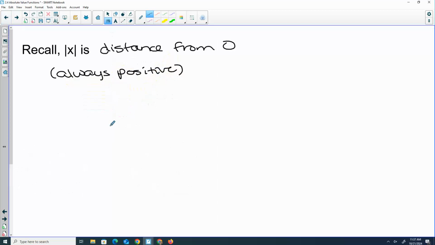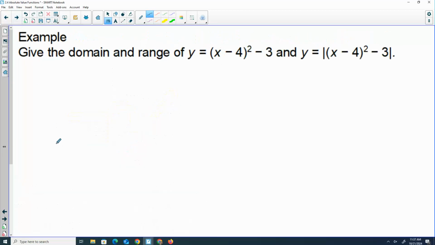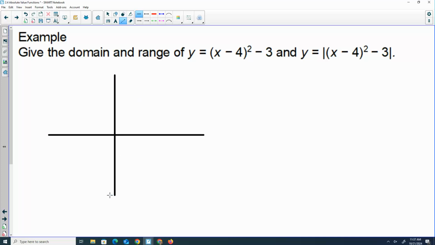This time I'm not going to give you a graph, I'm going to give you the equation. All right, we were graphing these all last week. I told you to graph (x - 4)² - 3. What's my parent function? Square root of parabola. 0 squared is 0. 1 squared is 1. -1 squared is 1.